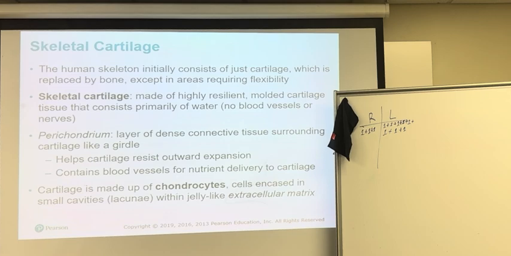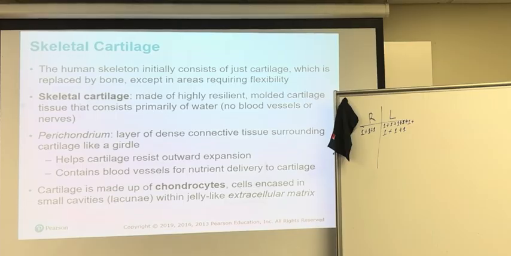Before you became an adult, even a long time back, you started to have the bones. But once upon a time, the whole human skeleton initially consisted of just cartilage, which is replaced by bone, except in areas requiring flexibility, right? Those are called skeletal cartilage, made of highly resilient molded cartilage tissue that consists primarily of water, with no blood vessels or nerves.